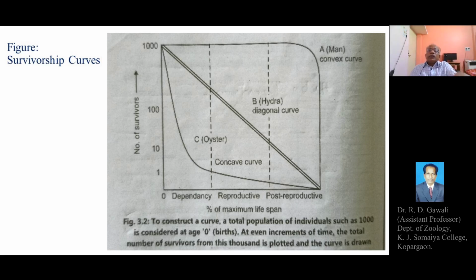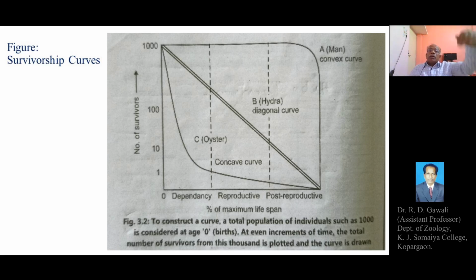that decreases. The thousand individuals of a population which we have considered initially, due to the extremely high mortality, the number of individuals decreases rapidly.